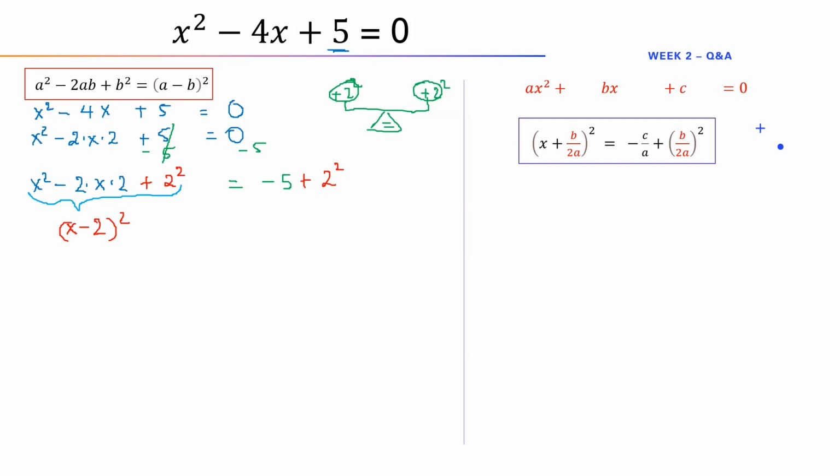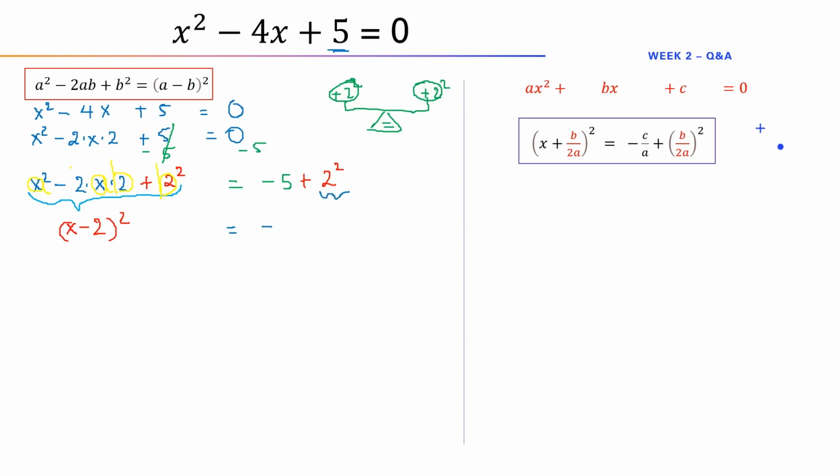Remember we have a squared minus 2ab plus b squared. Yes? Alright, so now on the right hand side I have negative 5 plus 2 squared. 2 squared is 4.